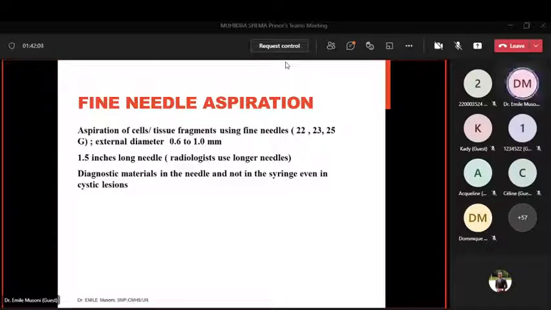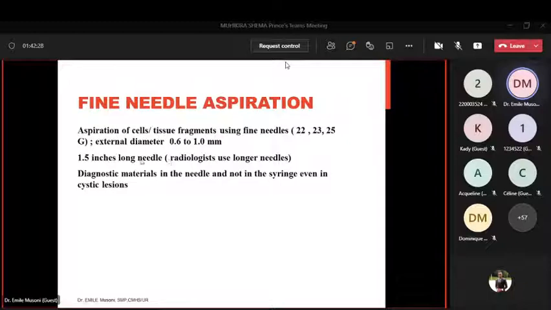Some people think that when you use a big needle, you collect a sample easily. It is different. The small needles are better in fine needle aspiration than the bigger needles.